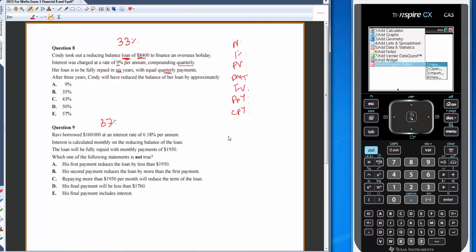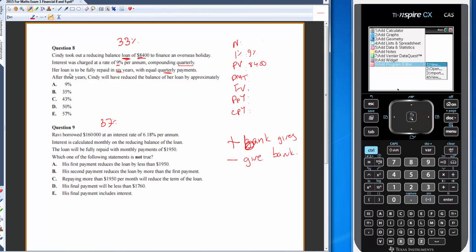And remember the sign convention: positive means the bank gives us the money, and negative means we give the bank money. Because this is a loan, the bank gives, so the PV is 8,400 and it's positive. We know the rate, which is 9%.